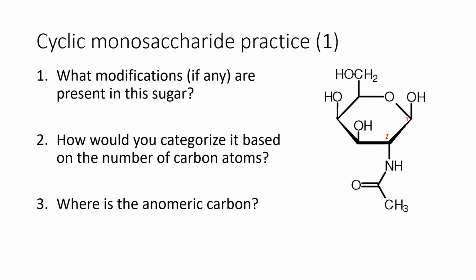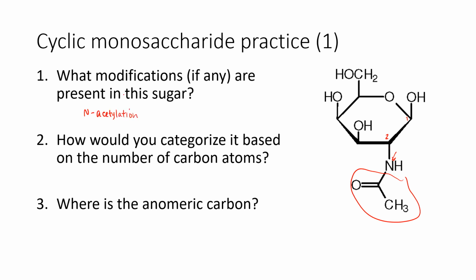Instead of a hydroxyl group there, you have an amide. First we had an amination where we added the nitrogen, and then we did something else to that nitrogen. Do you remember the term for this part of the modification? Acetylation. Yeah, excellent. So it's acetylation on that nitrogen.